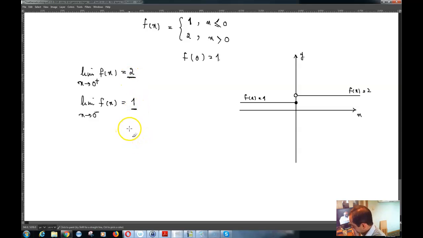And since they differ, we can say that the limit of f of x as x tends to 0 does not exist.